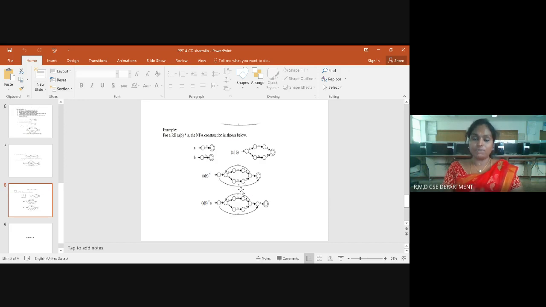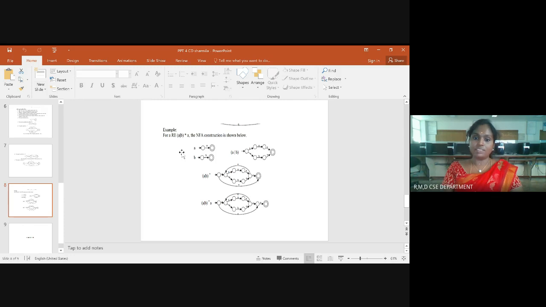For a given expression (A|B)* followed by A, we draw an NFA construction. We convert this regular expression into a nondeterministic finite automaton using the Thompson construction method. First, A: you can directly write a start symbol with A. B you can write the same way. Second, you write A or B, which means parallel: epsilon, A, B, epsilon, epsilon.